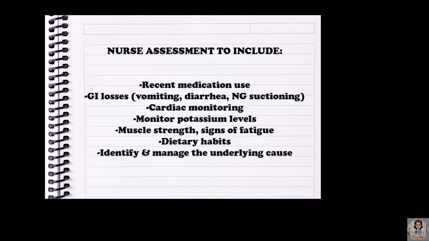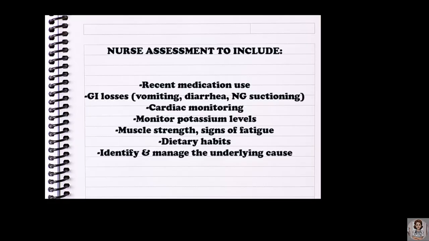So in terms of assessment, as a bedside nurse, you will always want to assess the following and to be included within your head-to-toe assessment. First, recent medication use, especially diuretics or insulin. Assess for GI losses, including vomiting, diarrhea, nasogastric suctioning. Cardiac monitoring. Assess EKG changes and report any abnormalities immediately.